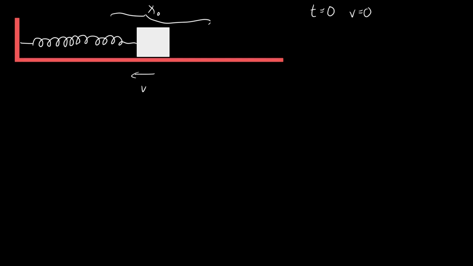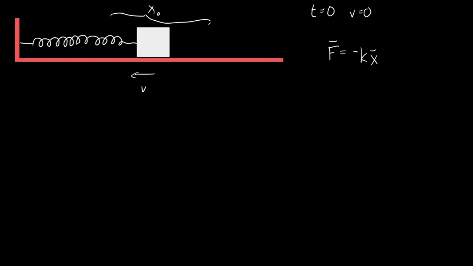Now, I want to take a few minutes to talk a little more about restoring forces. We have one type of restoring force in our arsenal of material that we've learned: Hooke's law is a restoring force. Restoring forces have two specific parameters.